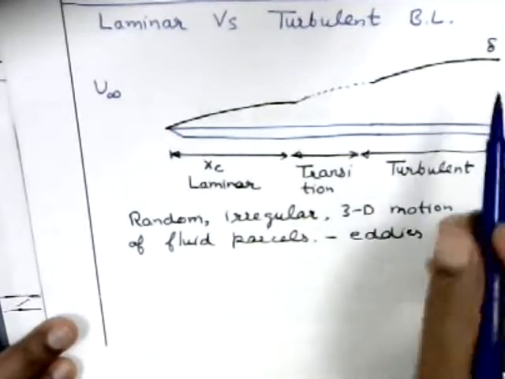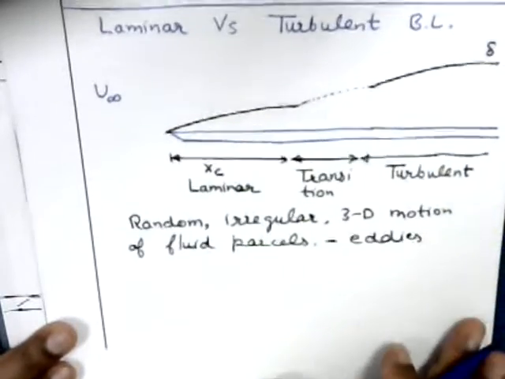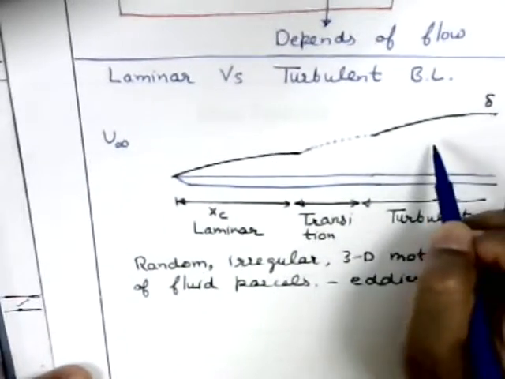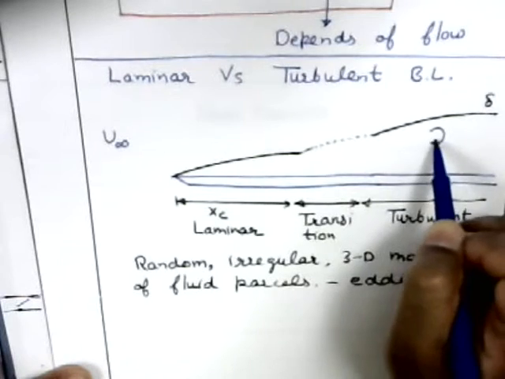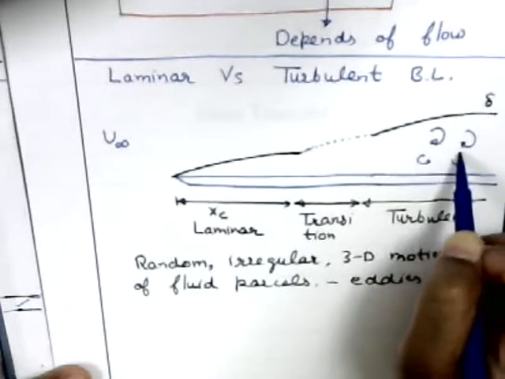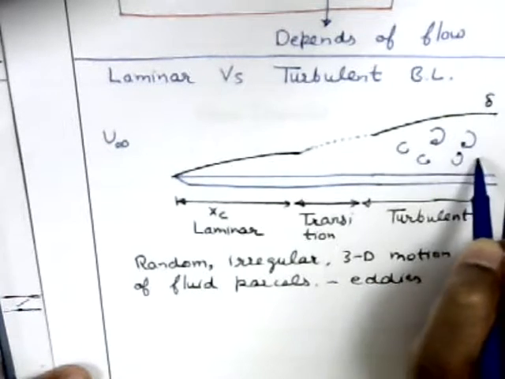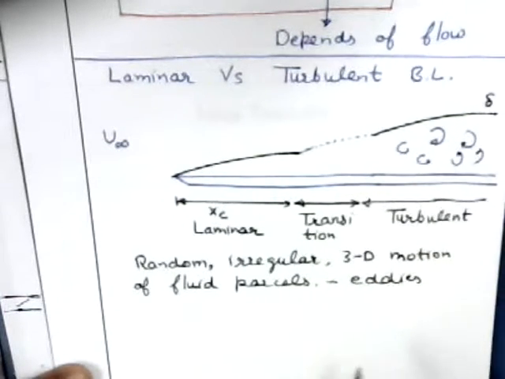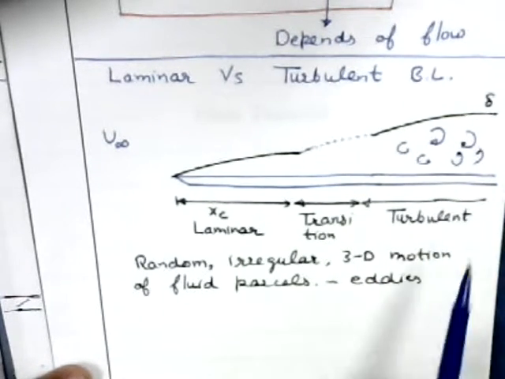In this region where it is turbulent, you have fluid particles having eddy motion, like this three-dimensional random motion. So it becomes turbulent.